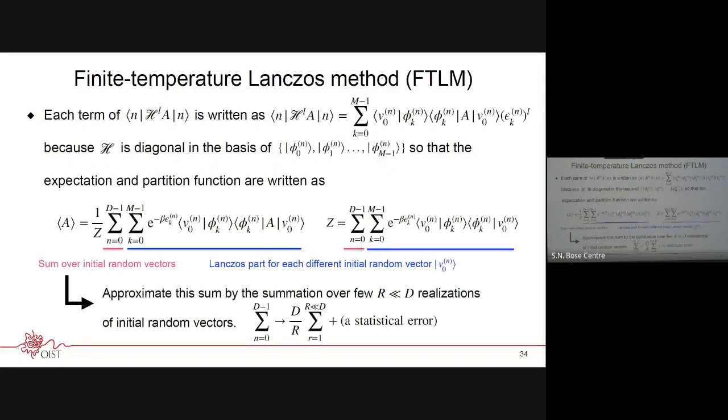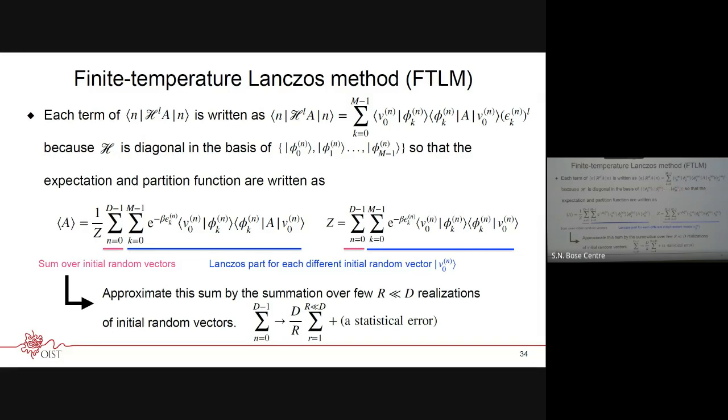Excuse me. Could you explain a bit the second line? Because the Hamiltonian is diagonal in the basis of phi. Is it an approximation? Or do we need to deal with the summation over the large D here? My question is, the Hamiltonian is diagonal in the basis of phi.